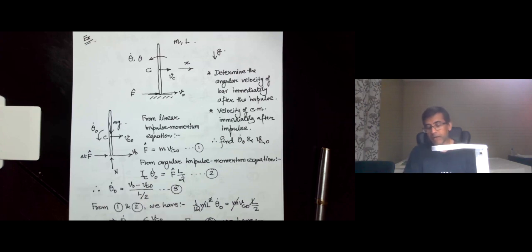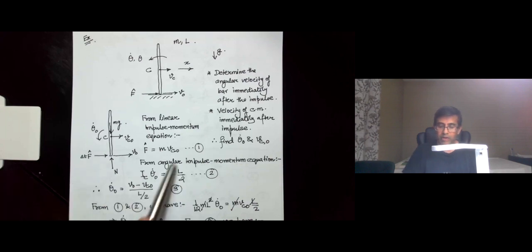So now the important thing to note here is that this equation is written with the point of interest to be the center of mass. And that is evident because the moment of inertia is about the center of mass, and the angular impulse that is being calculated here is also about the center of mass. So that is the reason why we basically say that this is an angular impulse momentum equation that is written about the center of mass.